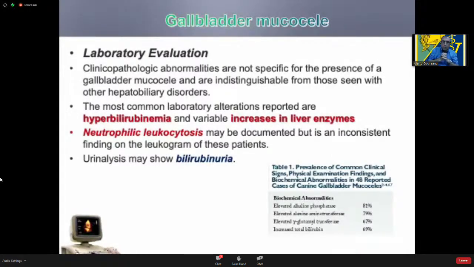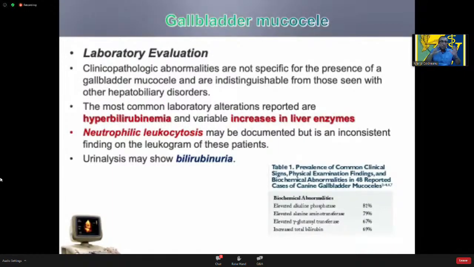Regarding the laboratory exam, all these pathophysiological changes are not specific for the presence of the gallbladder mucocele. And I can say, after my more than 28 years of clinical activity, it is indistinguishable from those seen with other hepatobiliary or gallbladder disorders.